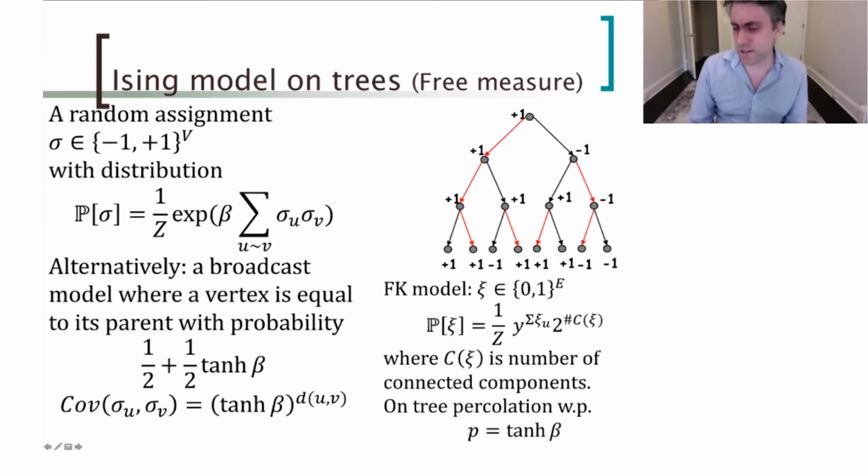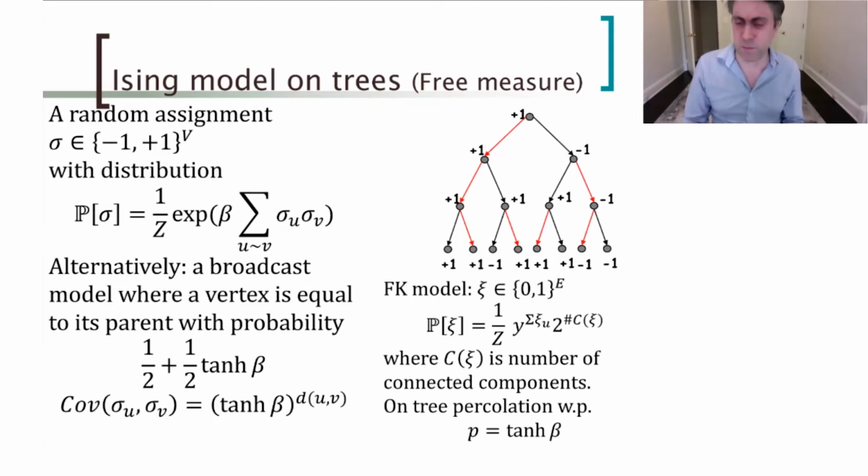But the edges aren't independent. It's weighted according to some constant parameter y to the number of edges times 2 to the number of connected components. But actually on a tree, every time you add in an extra edge, you reduce the number of connected components by 1. So in the special case of the tree, this is just percolation. You're just choosing edges with some probability p.